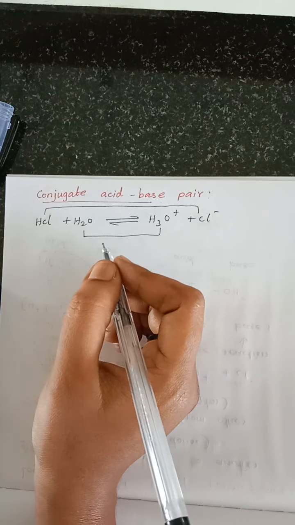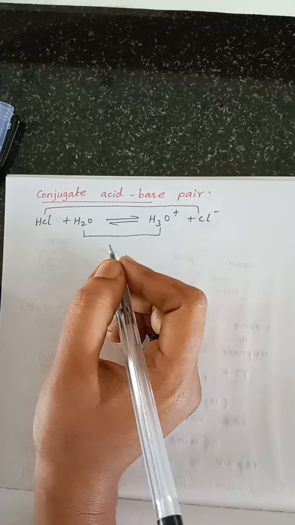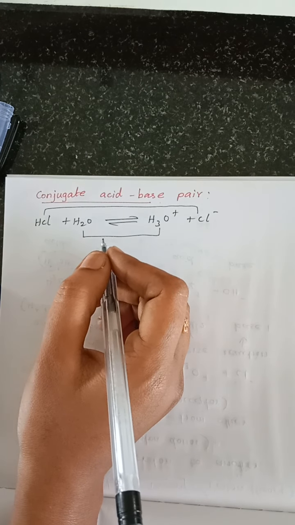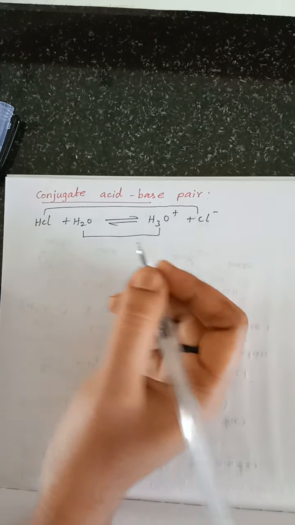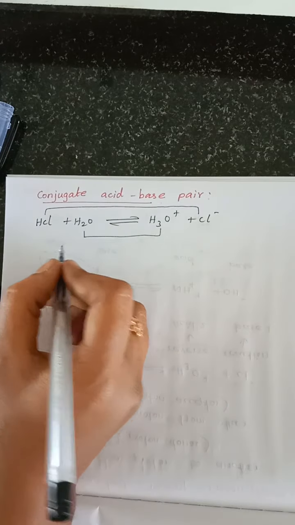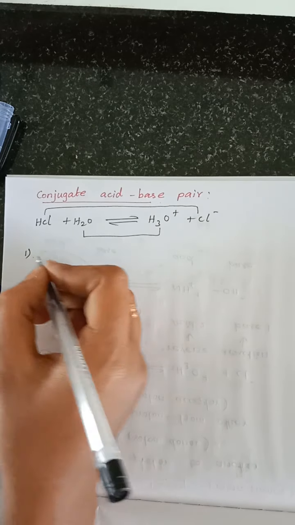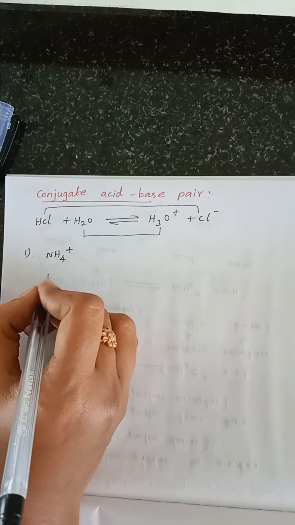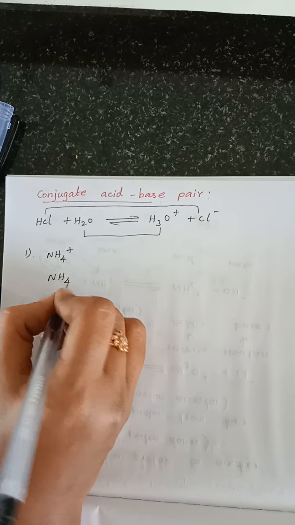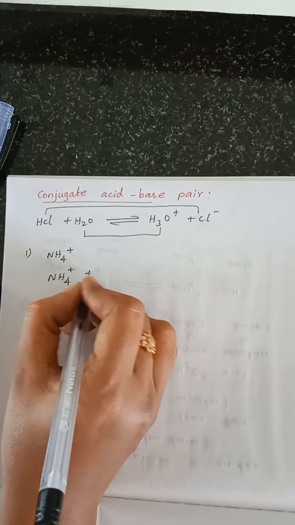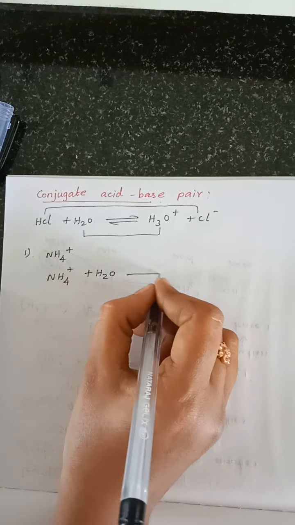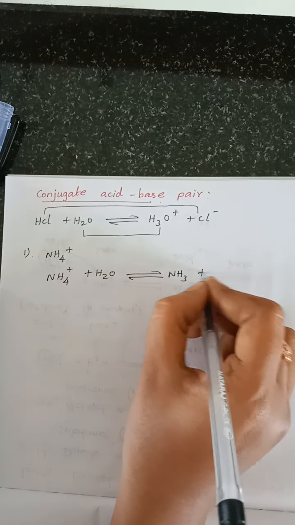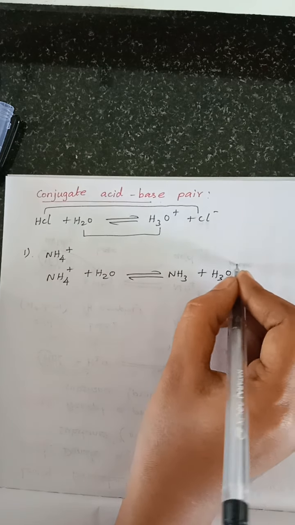In this Evaluate Yourself, the first one is the ammonium salt NH4+. In the conjugate acid and base, you write the conjugate reaction. In the first reaction, the ammonium salt reacts with water to form NH3 ammonia plus hydronium ion.